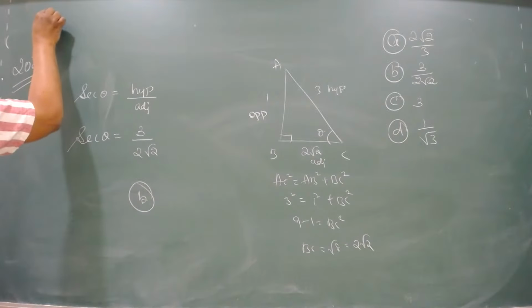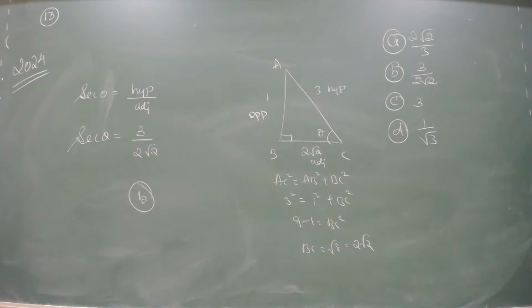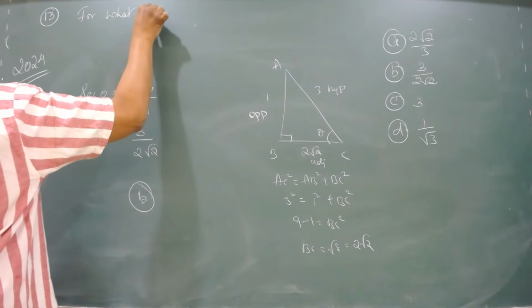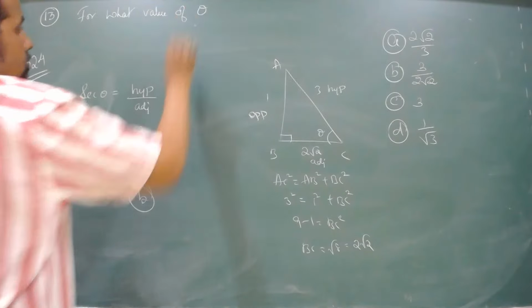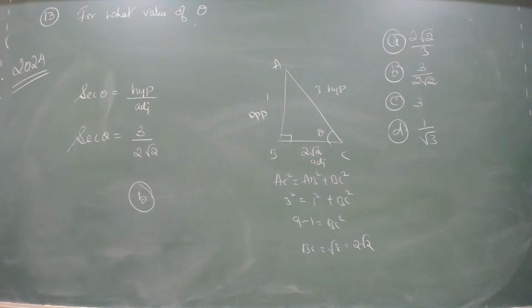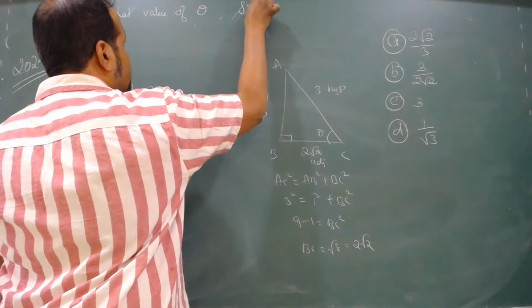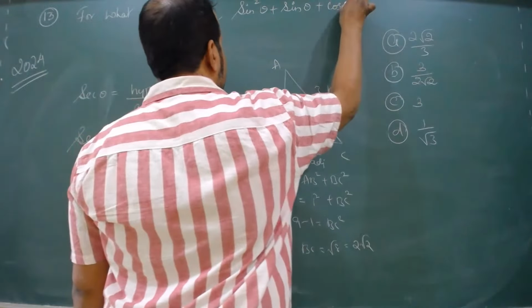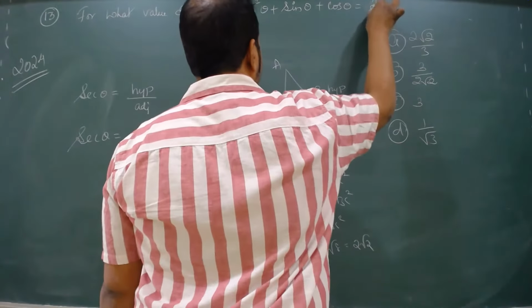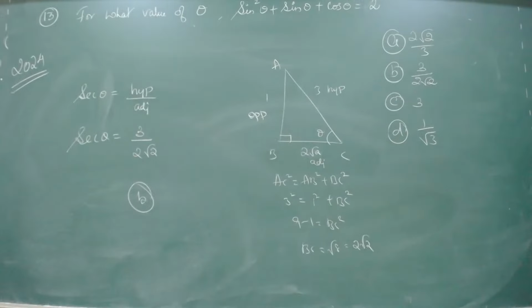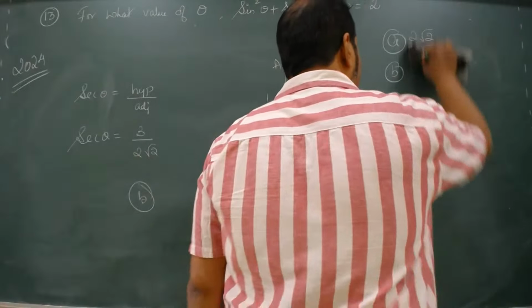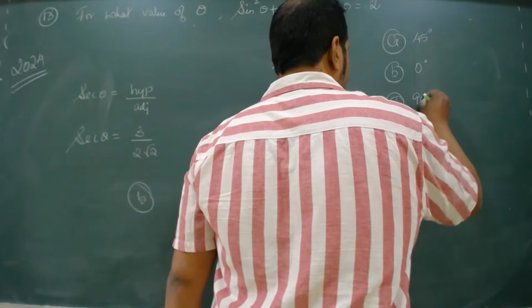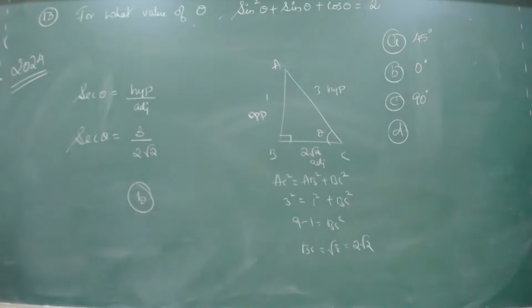Question number 13. For what value of theta is sine square theta plus sine theta plus cos theta equal to 2? Options: 45, 0, 90, 30.